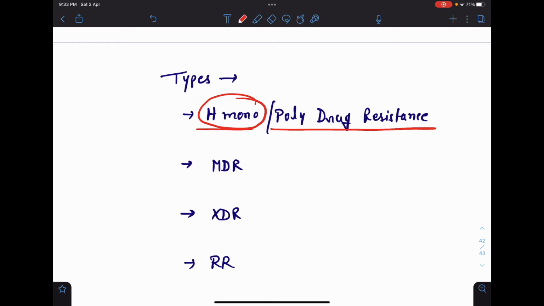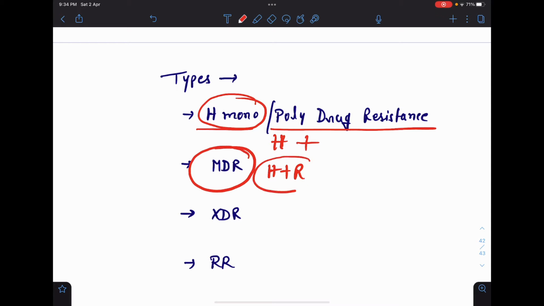Polydrug resistance means the particular strain is resistant to isoniazid plus one of the other first line anti-tubercular agents but not rifampicin. If the strain is resistant to both isoniazid and rifampicin, it is known as MDR.